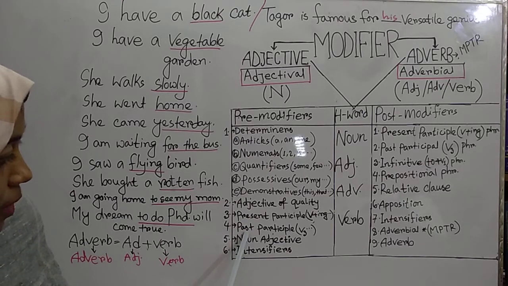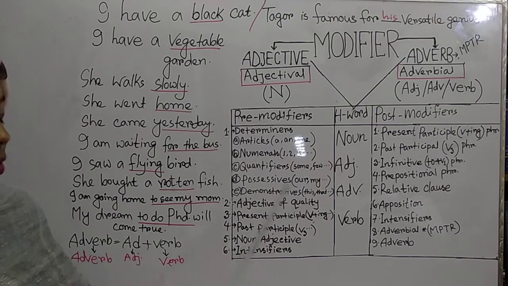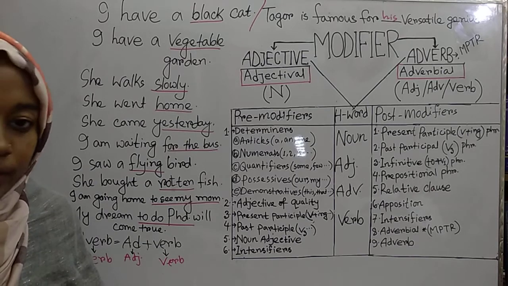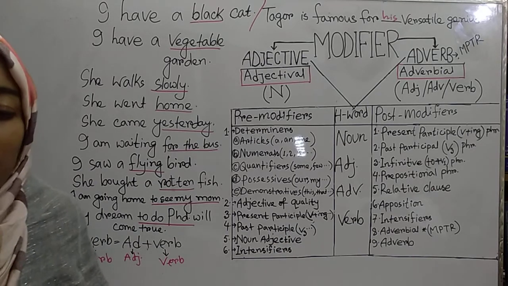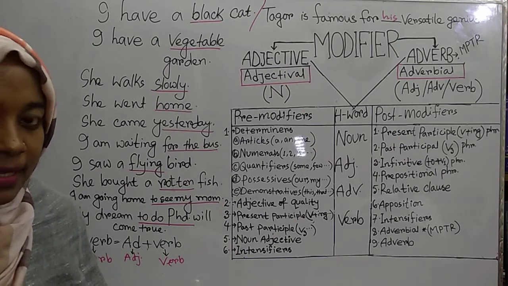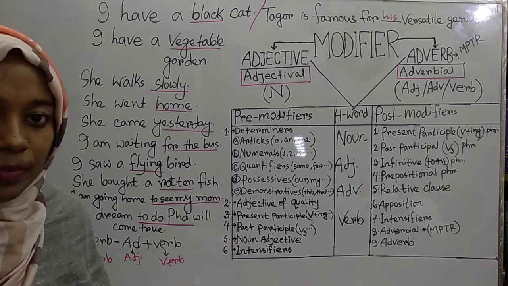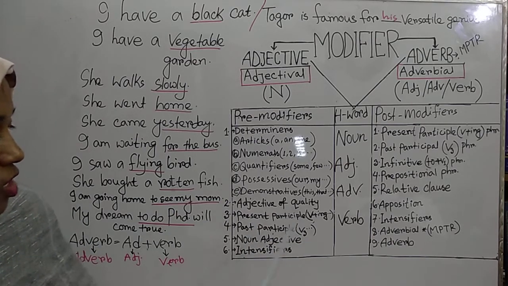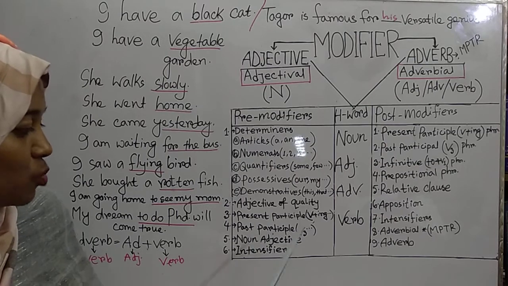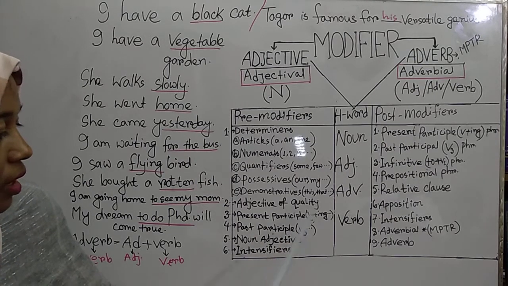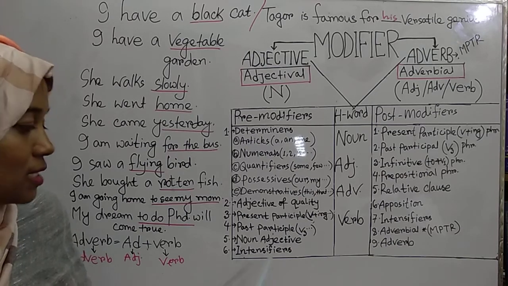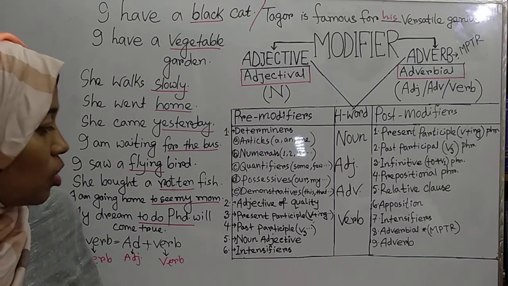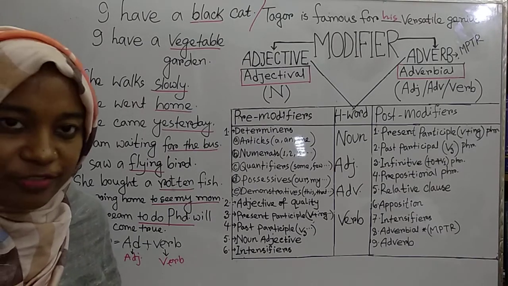The next, past participle. If V3 of a verb is used as an adjective in a sentence, it is called a past participle. And if a past participle modifies a noun, then it is called an adjective modifier.